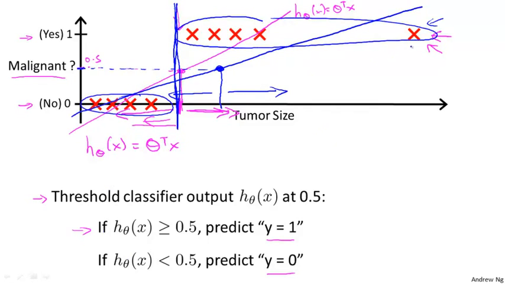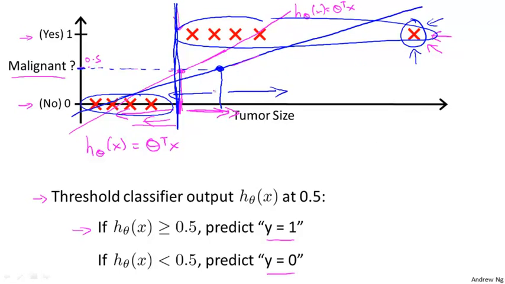But somehow, by adding one example way out here to the right, this example really isn't giving us any new information. I mean, it should be no surprise to the learning algorithm that the example way out here turns out to be malignant. But somehow adding that example caused linear regression to change its straight line fit to the data from this magenta line to this blue line over here, and caused it to give us a worse hypothesis.